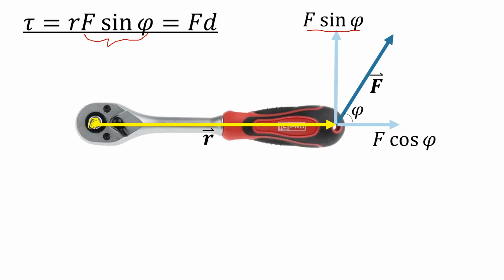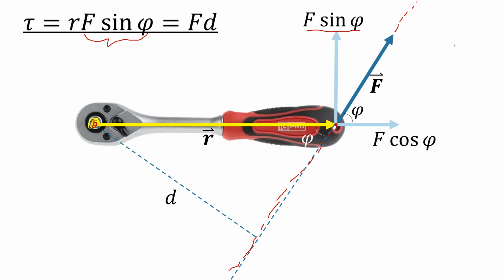It is the position vector that starts at the axis of rotation and points at the point of application of the force. So where is D in this case? D is right here. So what is happening here? This one is the line of action of the force, no? It extends all the way down and all the way up. It is the line where your force belongs.